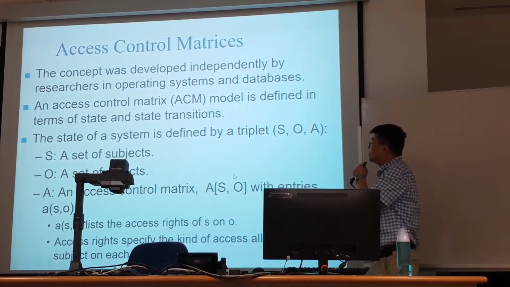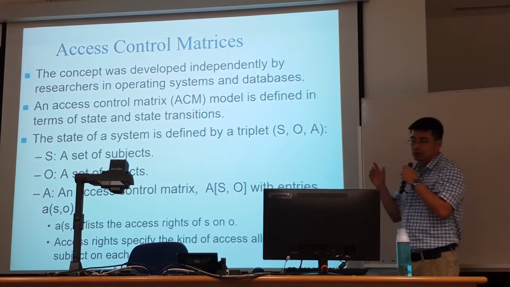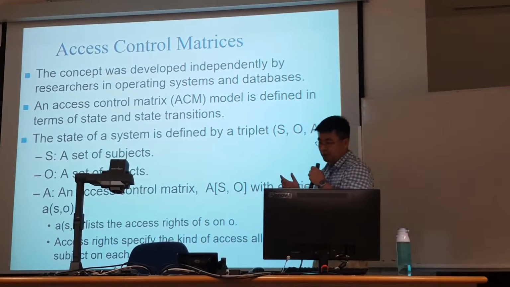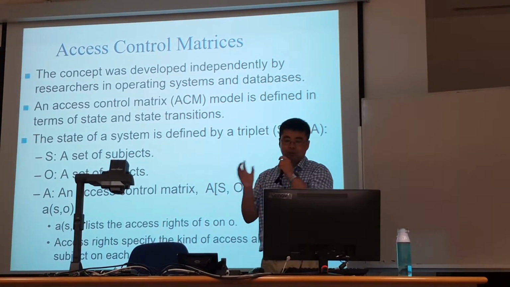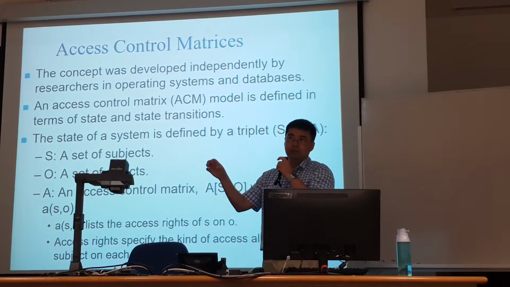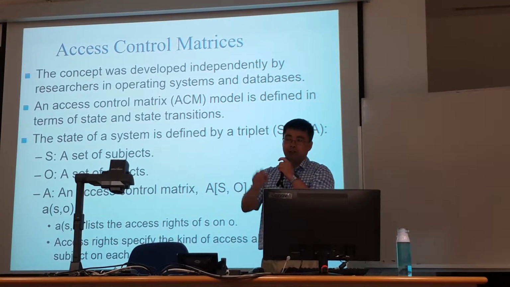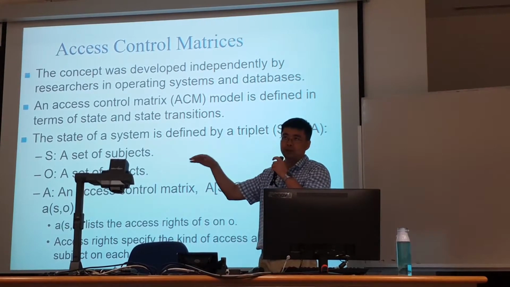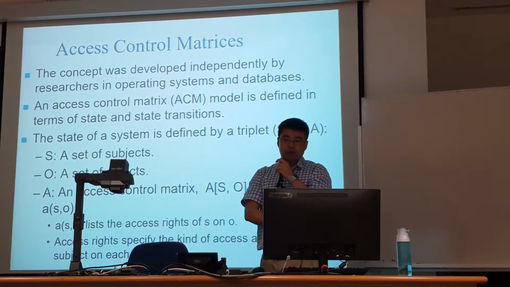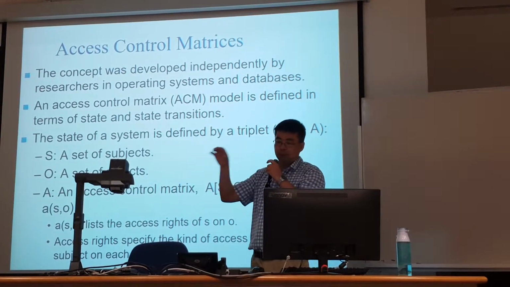One approach we use is the so-called access control matrix. The matrix again is a very straightforward data structure. In the matrix we define all the subjects and all the objects. We have the labels for the rows and the labels for the columns. For example, the rows can be subjects, and the columns can be objects.